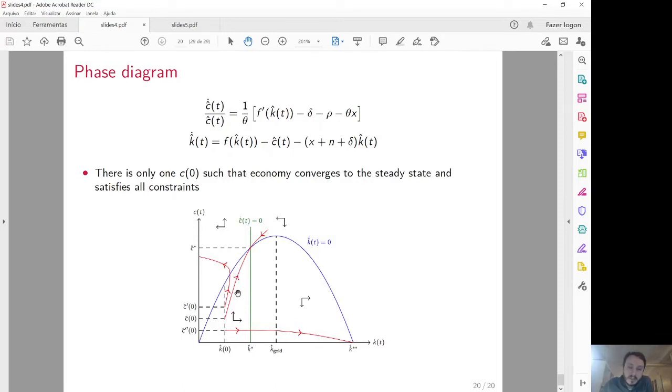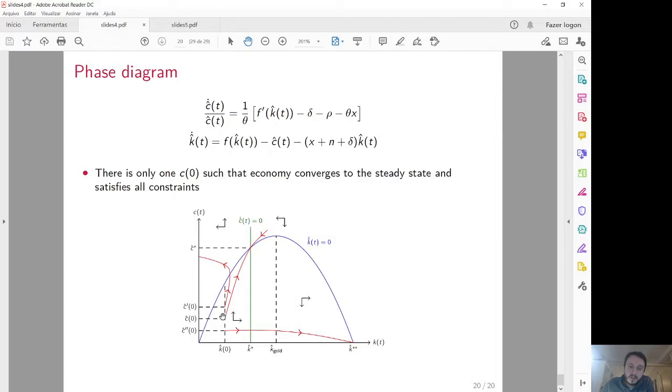We learned that in general equilibrium, the economy will start at a given point. The initial capital is a parameter, but the initial consumption is endogenous, and we need to learn how to determine this. In class, we learned that there's only one initial consumption that satisfies all the general equilibrium and optimality conditions.